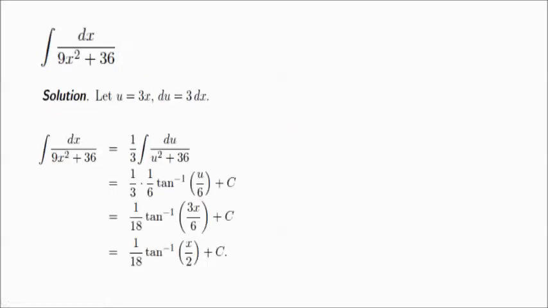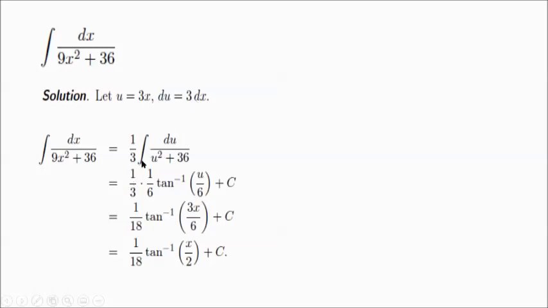Okay? Another. Integral ng dx over 9x squared plus 36. Dito class, kailangan mag-substitution. So u is equal to 3x. Square root nito. Kasi, di ba, 3x squared class is 9x squared. Derivative ng u is 3 dx.